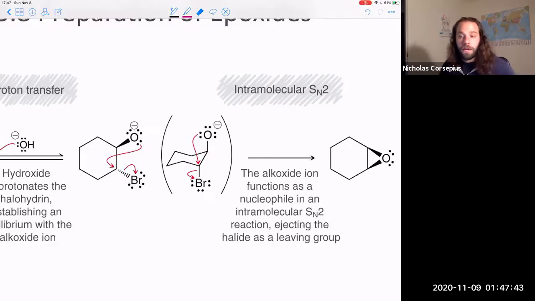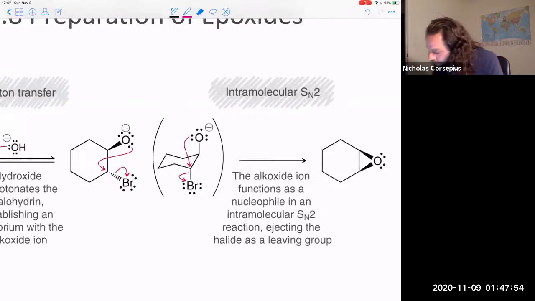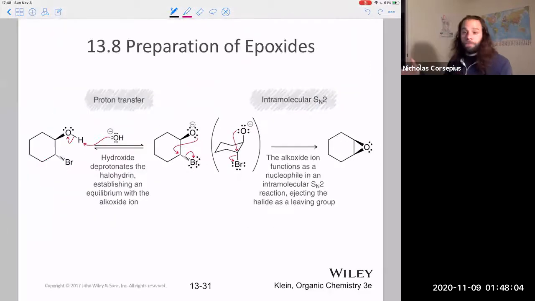But if you are in a ring, you'll only get these types of reactions with the trans halohydrin. And then that creates this new bond, kicks off that halogen leaving group, and now creates this new carbon-oxygen bond, giving us our epoxide. Okay, so this is another way to generate epoxides, going through a type of reaction we already learned about, those halohydrins.